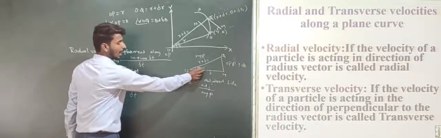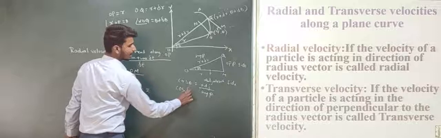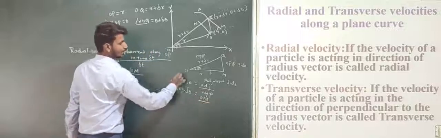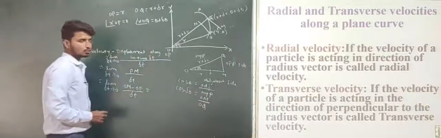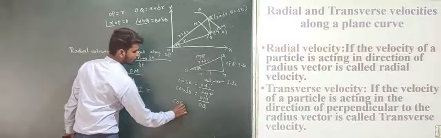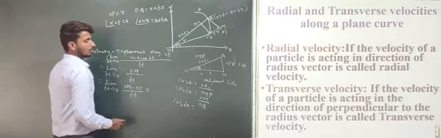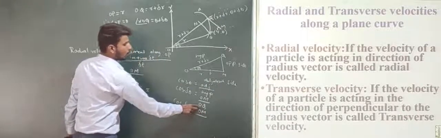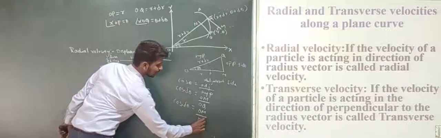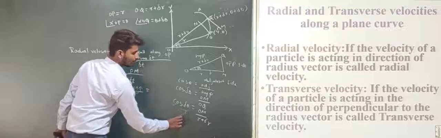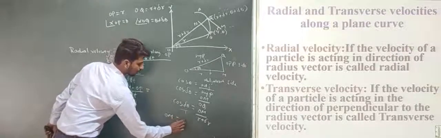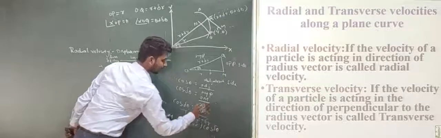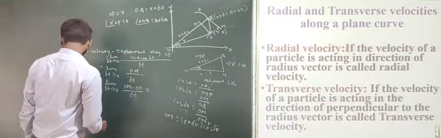Here we are dealing with the angle delta theta, so cos delta theta equals adjacent, that is OM, divided by hypotenuse, that is OQ. OQ is nothing but r plus delta r. That is, OM equals (r plus delta r) times cos delta theta.